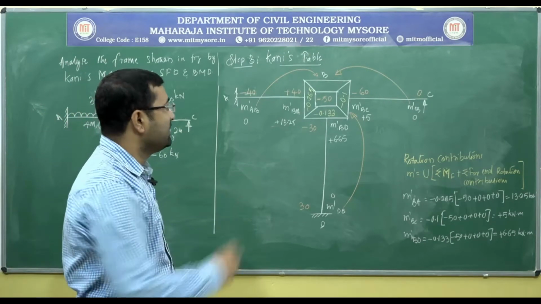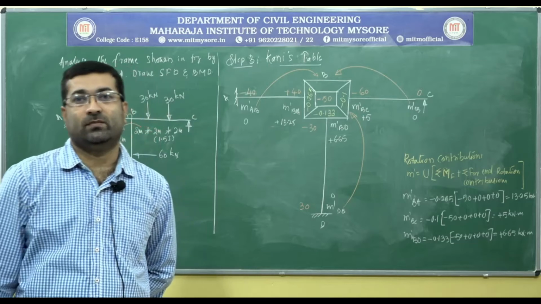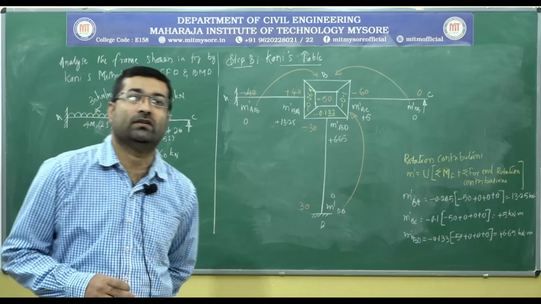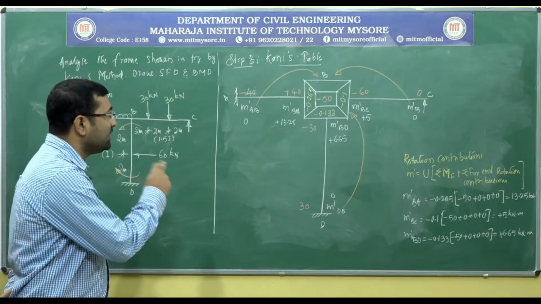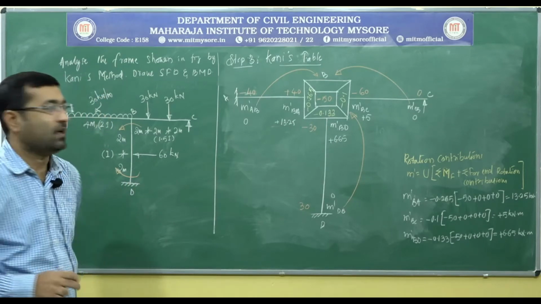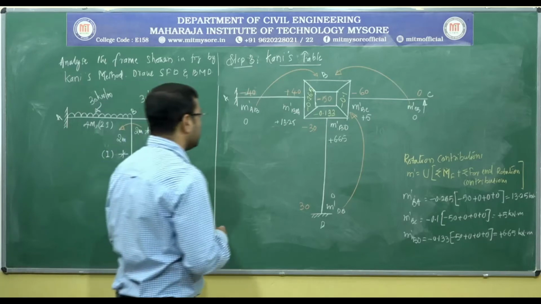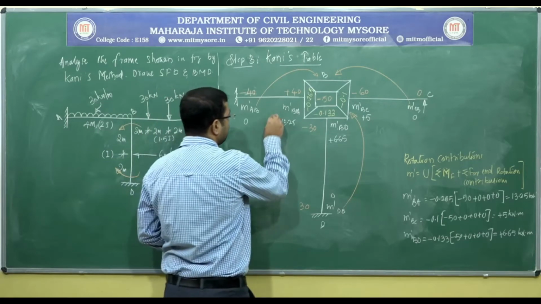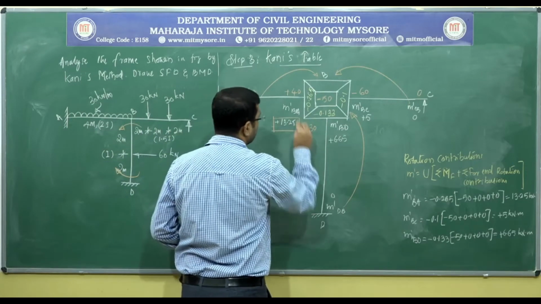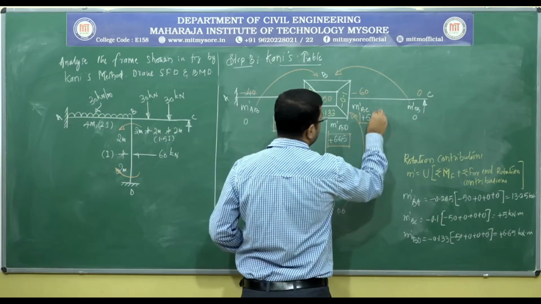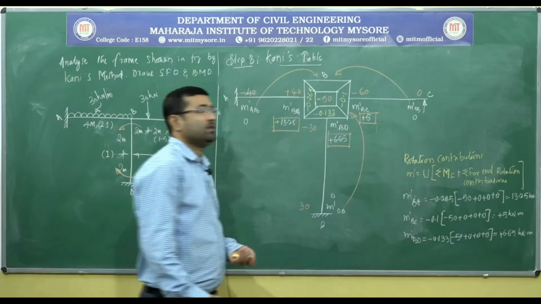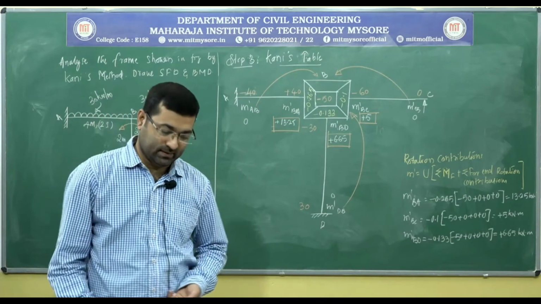So this itself is the completion of step number 3, that is the rotation Kani's table. Correct? So we need to make use of these rotation contribution values for the further calculations. These are the final rotation contributions we need to use for the calculation of the end moments.